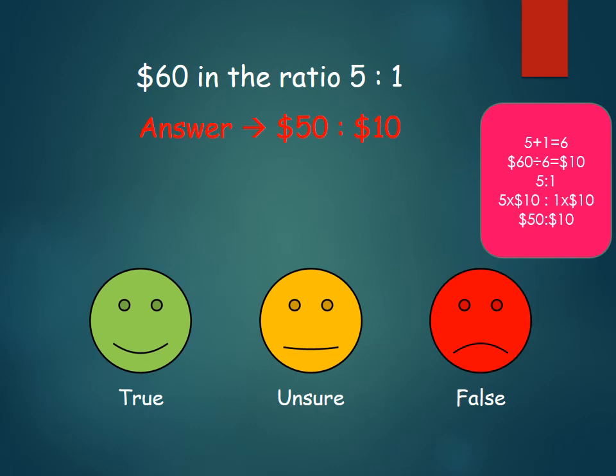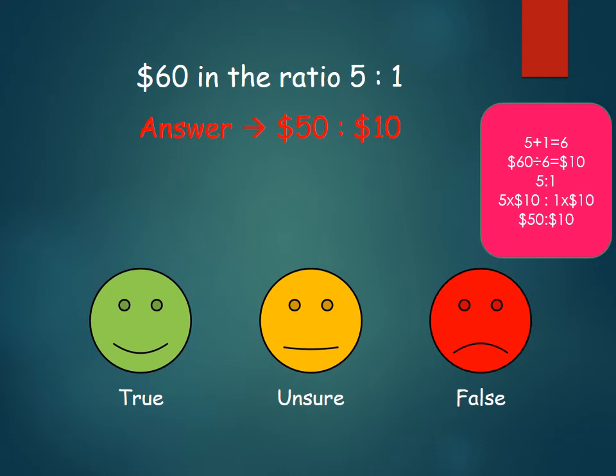First, we add the number of parts. 5 plus 1 equals 6. What is the amount we have? 60. So we will divide the amount by the number of parts. 60 divided by 6 equals $10. Then we have the ratio 5:1.